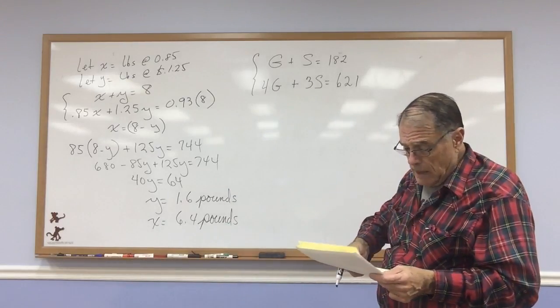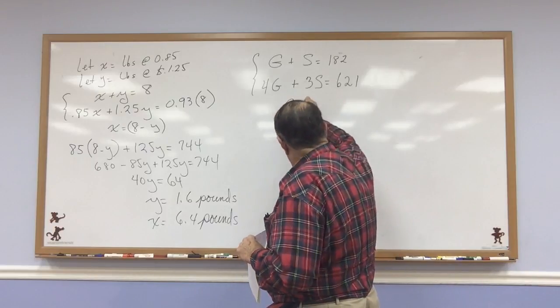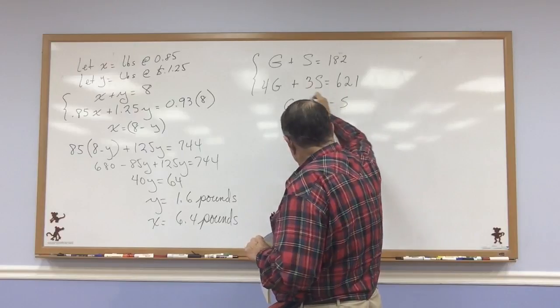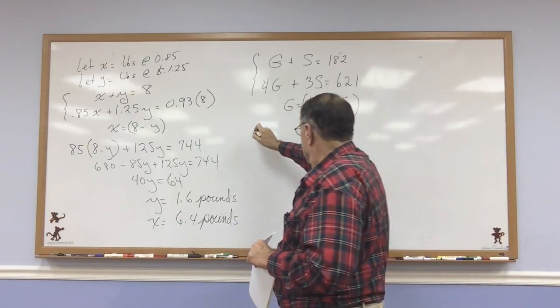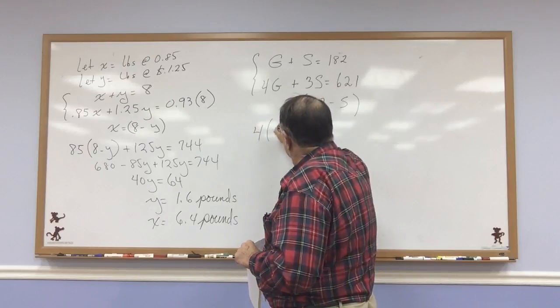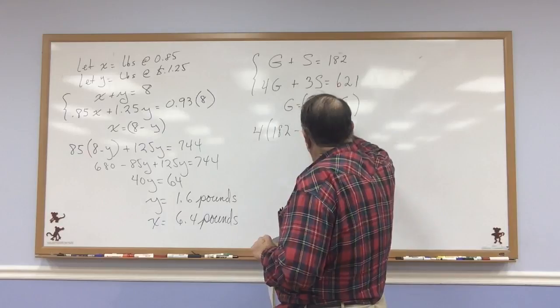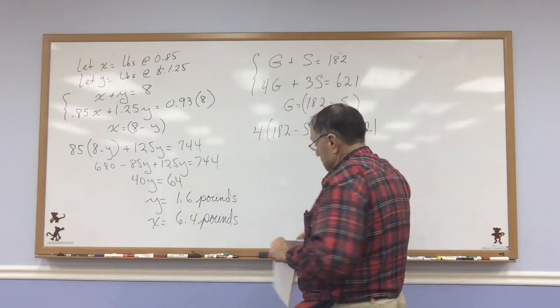Again, I'll use substitution. G is 182 minus S. And I'll substitute here in my second equation. So 4 times 182 minus S plus 3S is 621.